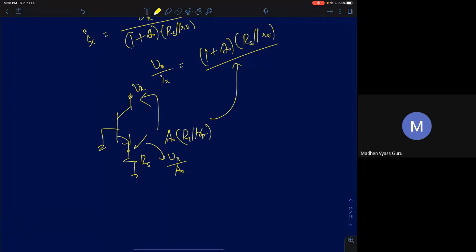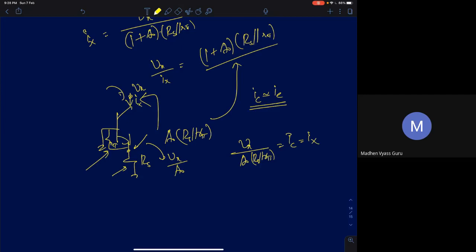You know the voltage across it, and the resistance seen at that node is Rs parallel R pi, so Vx upon A naught into Rs parallel R pi is the current flowing there. Assuming alpha very close to 1, that is the same as the collector current, which I have assumed to be Ix. So Vx by Ix is A naught into Rs parallel R pi. This is one intuitive way of looking at the input and output resistance of a common base amplifier.